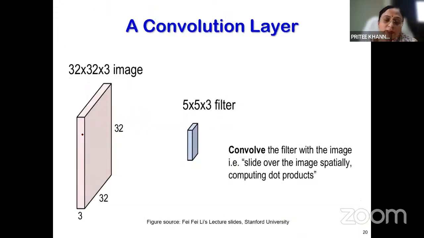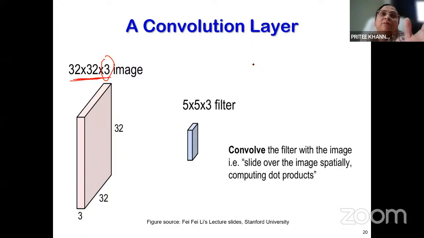So now let us see this convolution layer. Here, how are we treating our image now? My image is 32 cross 32, and because of 3 channels, we say it is a 32 cross 32 cross 3 image, right? I was just telling you a way how to do it.